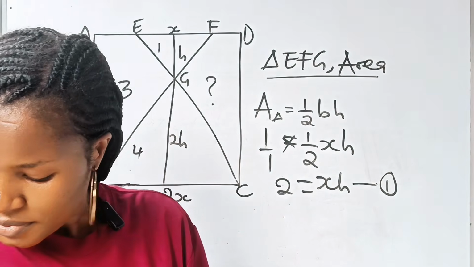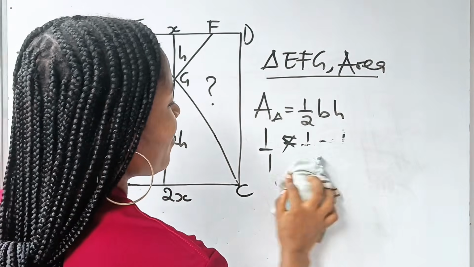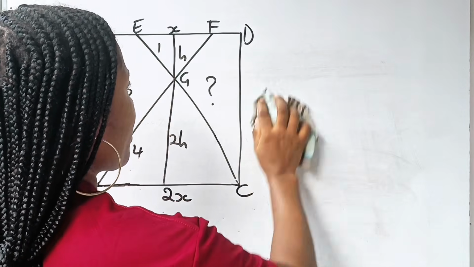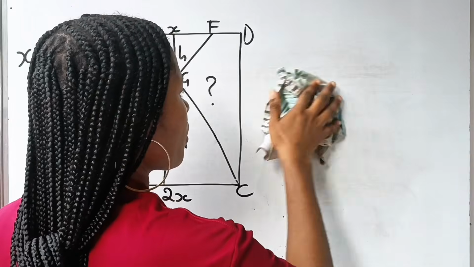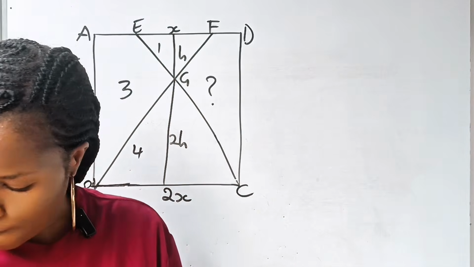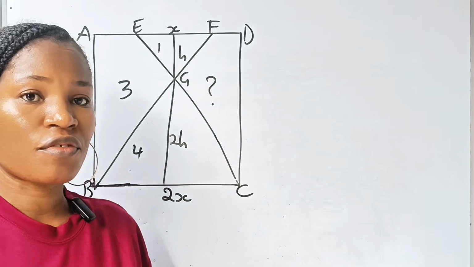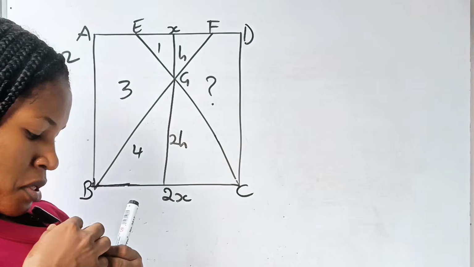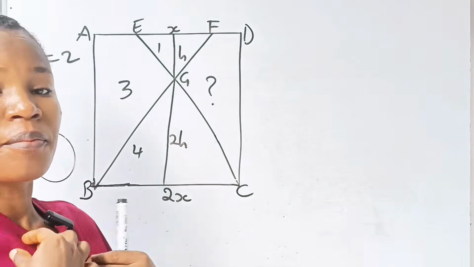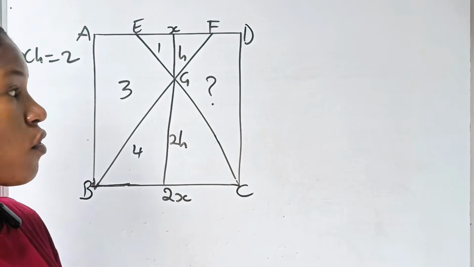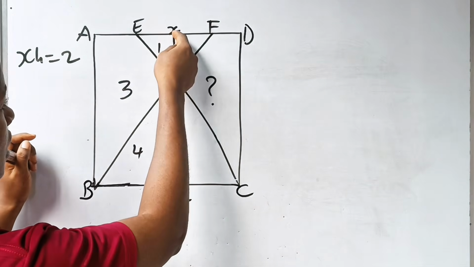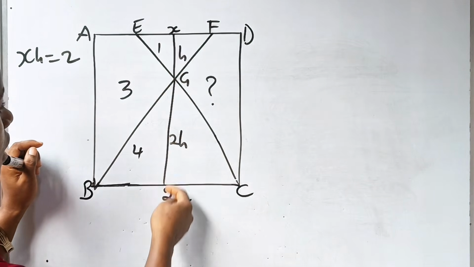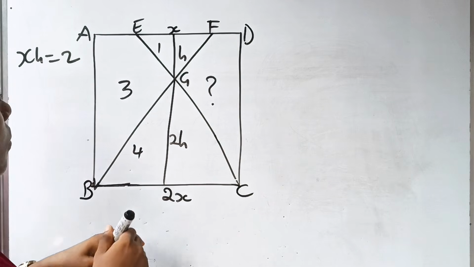We are close to our answer. Yes, we are close to our answer. Moving forward, you need to note that this line here is equal to AB.